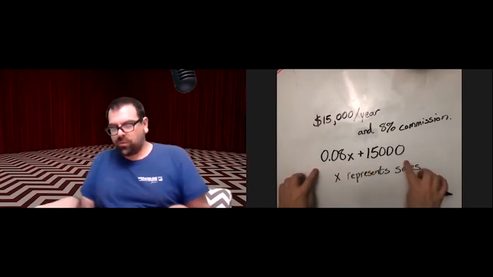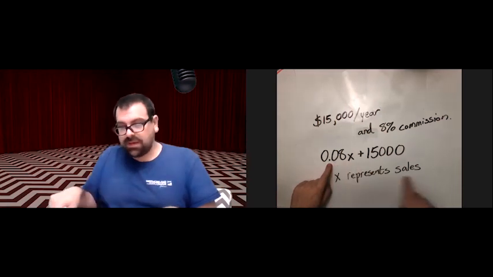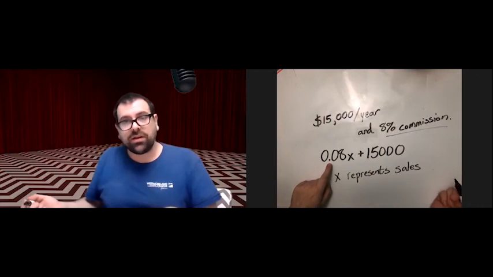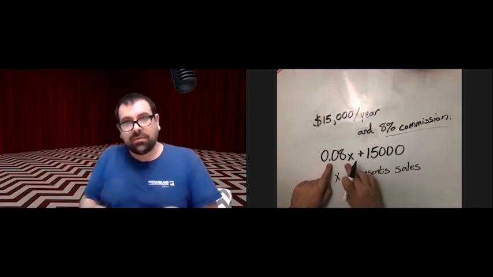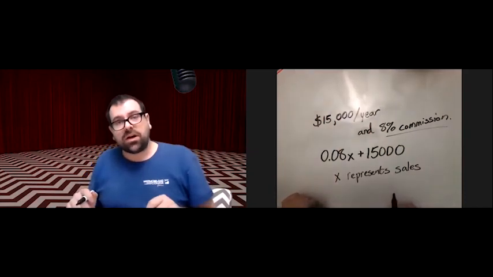So the way this would work is you would multiply 0.08 times the amount of sales, and that would be your 8% commission. And then on top of the commission, you have your $15,000 base salary.